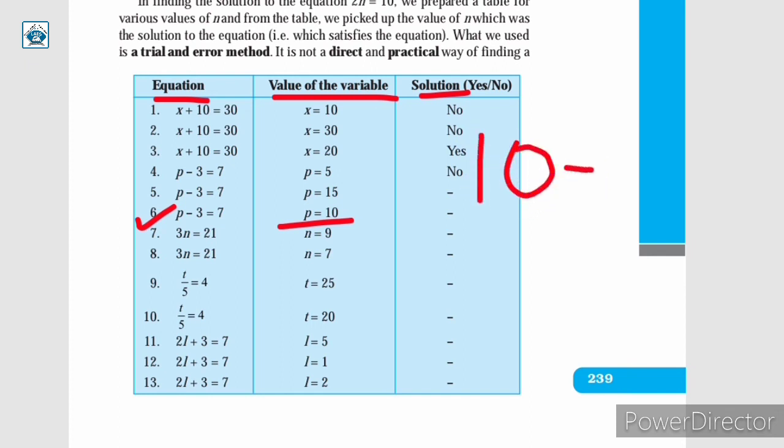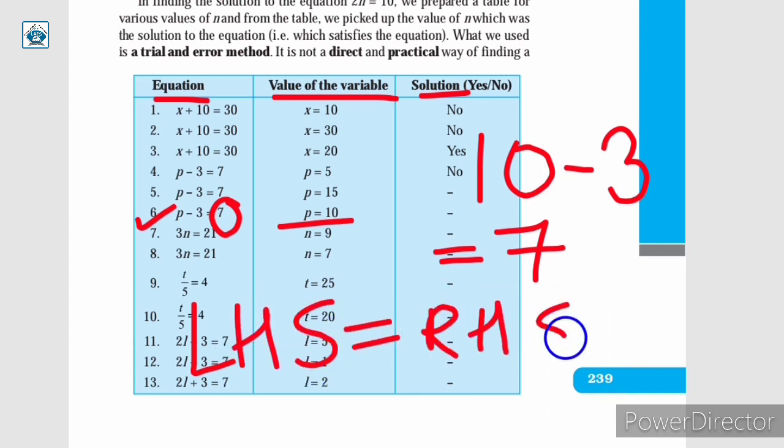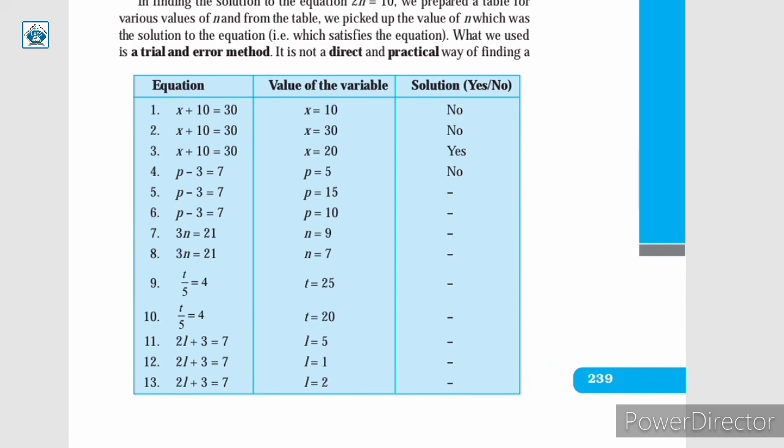When we put the value of p in the equation p minus 3, we get 10 minus 3, and we know that this is equal to 7, and this is what we have in the RHS as well. So in this case we can say that LHS is equal to RHS. So the equation is satisfied. So the answer to this question is yes. P is equal to 10 is a solution of the equation p minus 3 is equal to 7.